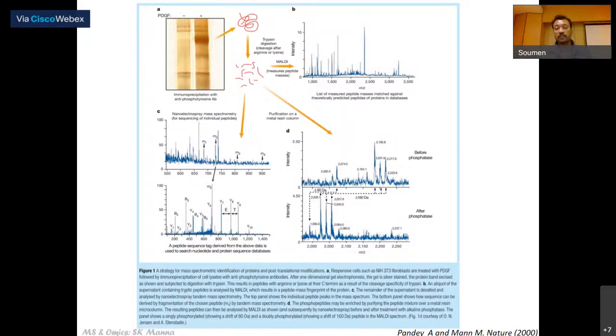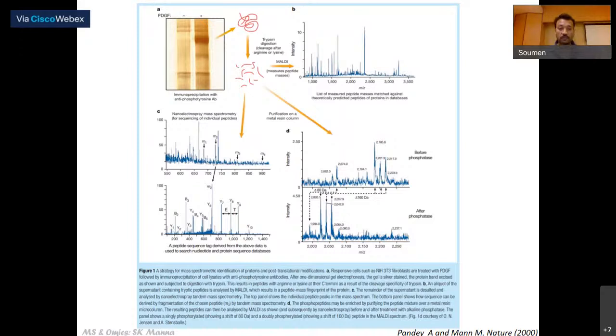By looking into them, you have a better chance of identifying even low levels of phosphorylation of your particular protein of interest. And you can again do phosphatase treatment, etc., to confirm whether the modification you are suspecting is actually a phosphate modification or not.